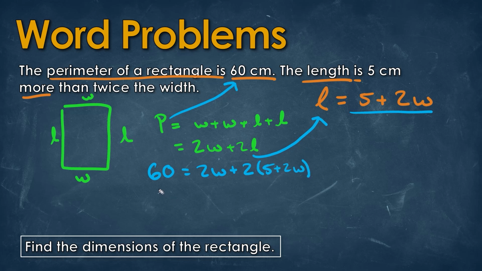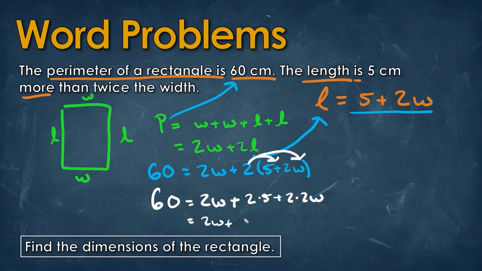Now we can simplify this to 60 is equal to 2w plus, when we have these parentheses, that means we multiply the 2 by the 5 and the 2 by 2w. So we get 2 times 5 plus 2 times 2w. And that is going to simplify to 2w plus 10 plus 4w. And with that, we're going to have 60 is equal to 6w plus 10.